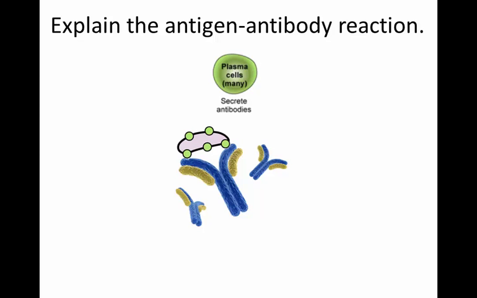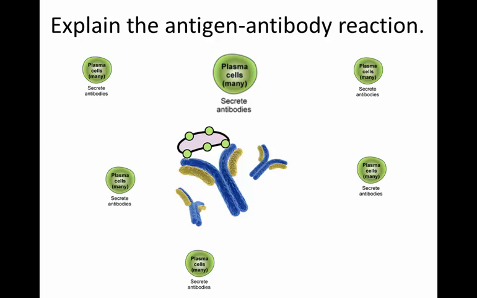But the key here, as we mentioned earlier, is this is specific. This plasma cell that we saw here produced antibodies against this type of bacteria. But we have many different types of plasma cells. Each of them are going to produce slightly different antibodies in terms of the chemical protein sequence at the tip of those antibodies.